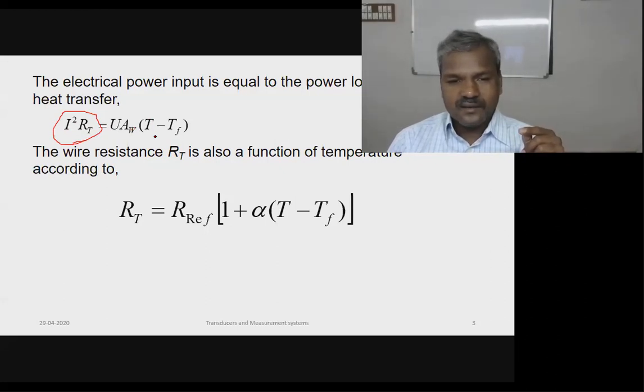T is the wire temperature, TF is the fluid temperature, AW is the area of cross section of the wire, and U is the overall heat transfer coefficient.